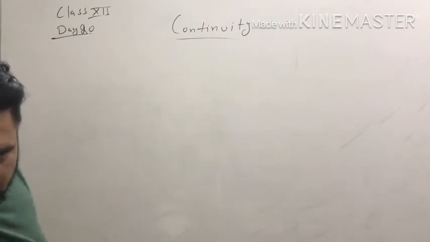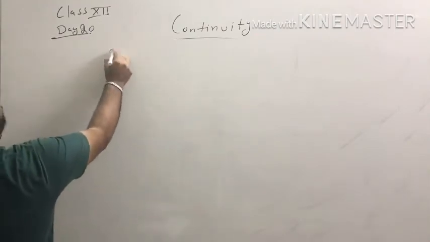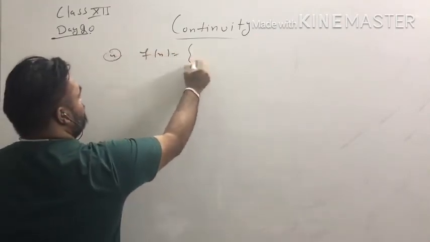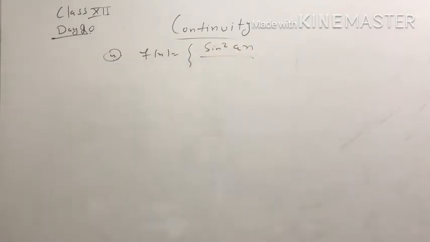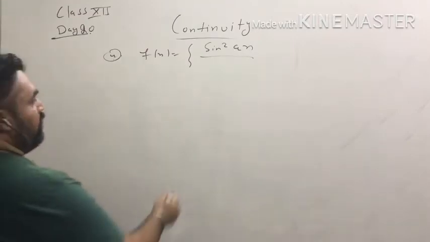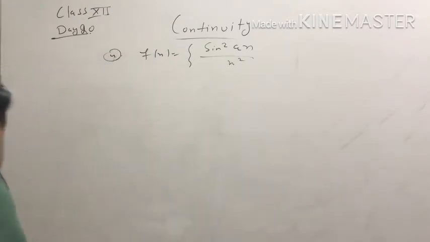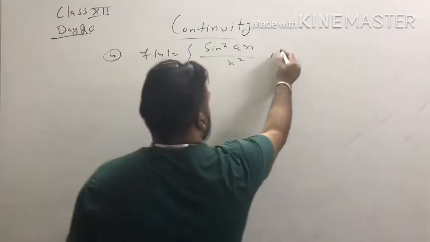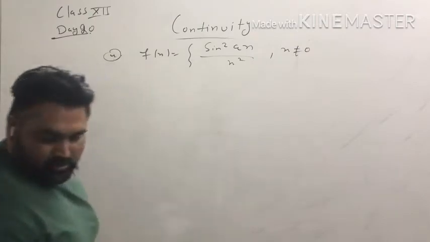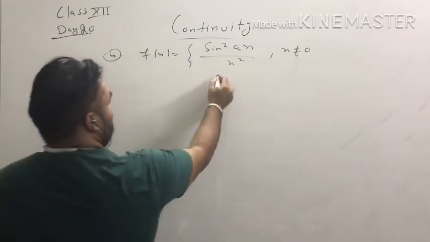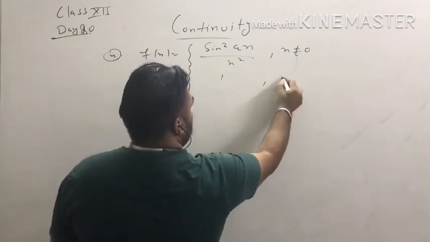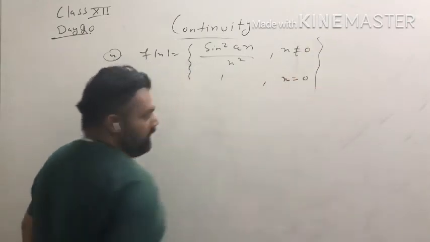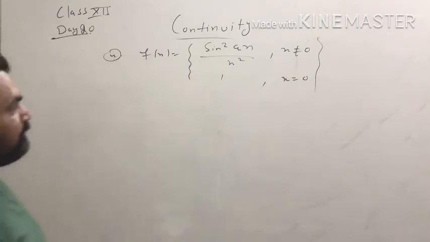The question number 4: f(x) = sin²(ax) / x², x ≠ 0, and 1 at x equals 0. Now this is the question. We have to find a.